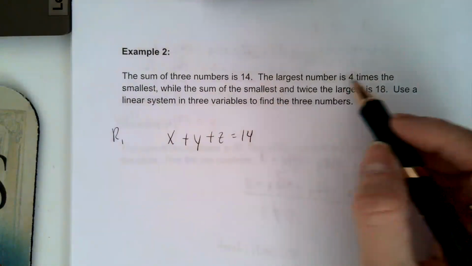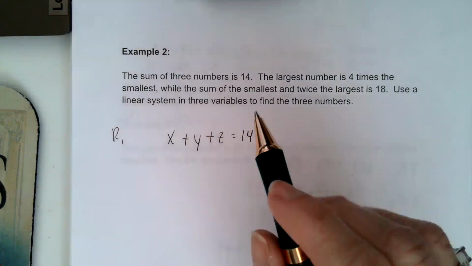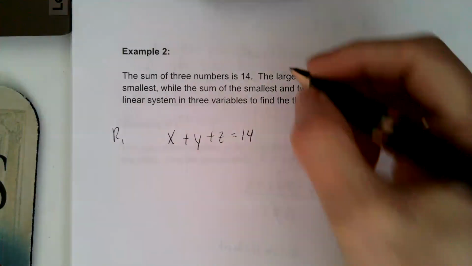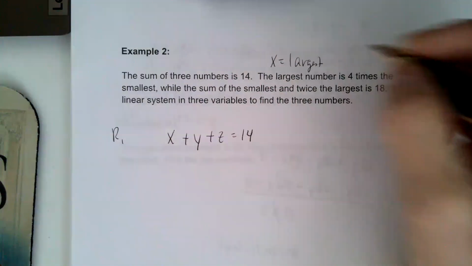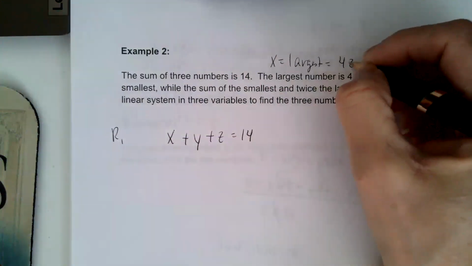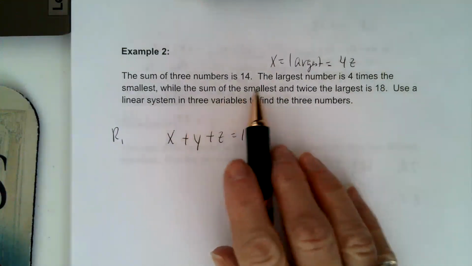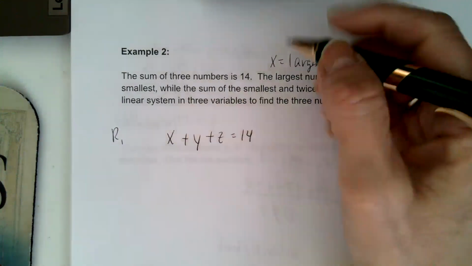The largest number is 4 times the smallest. I'm going to let x be the largest, and it's 4 times the smallest. I'm going to say z is the smallest.